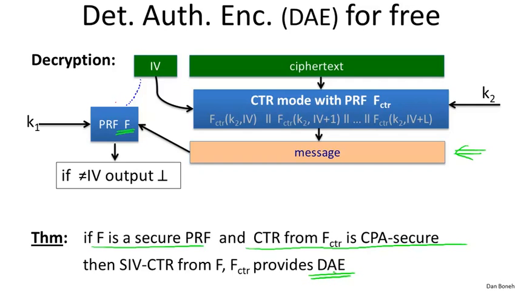The adversary asks for the encryption of a bunch of messages of his choice, and he gets the resulting ciphertexts, and then his goal is to produce a new valid ciphertext. Well, if that valid ciphertext, upon decryption, decrypts to some completely new message, then when we plug this new message into the PRF F, we're just going to get some random IV, and it's very unlikely to hit the IV that the adversary supplied in the ciphertext that he output.